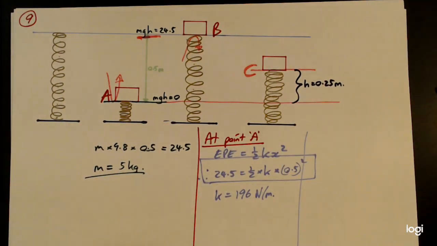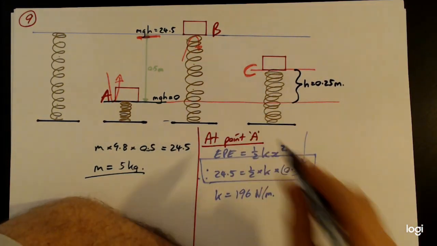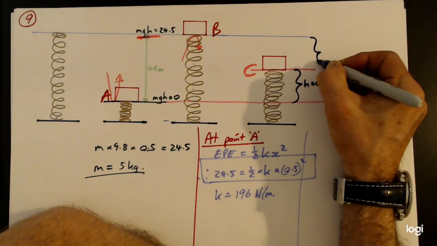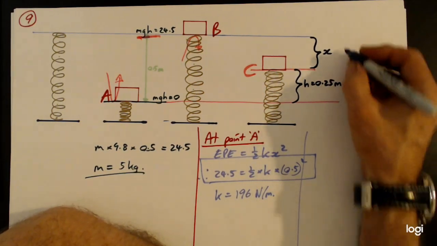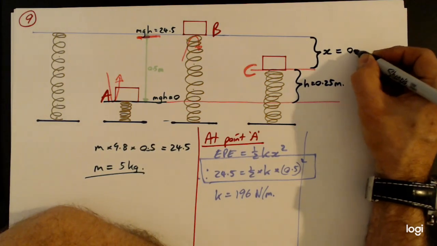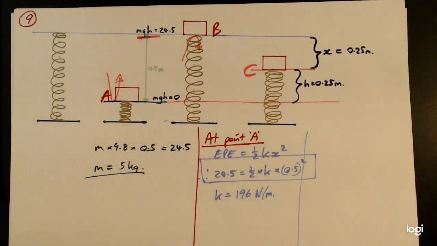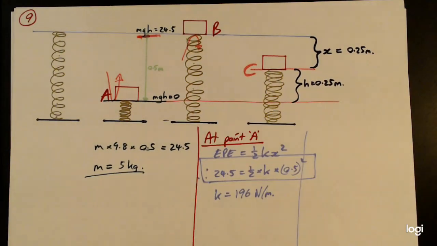But gravity's starting to take over. So we also know that the compression, the X of the spring, is that 25 centimeters, 0.25 meters, at this instant in time.